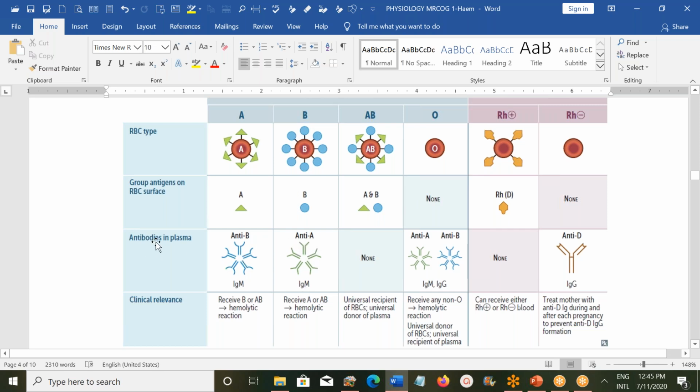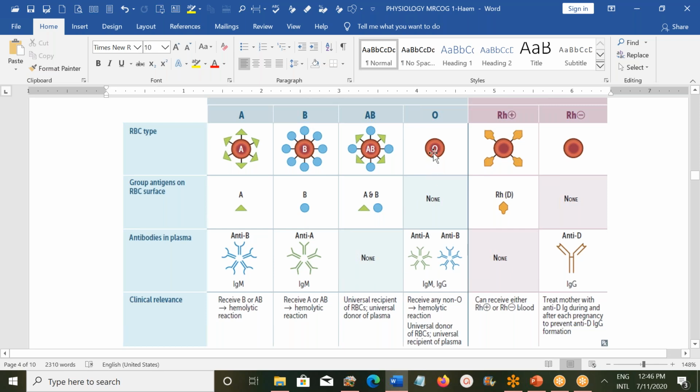AB will have no antibodies at all. Why? Because group AB is familiar with both A and B, as they are part of the AB blood group. Is this concept clear? So it will have no antibodies. That's why it is a universal recipient.